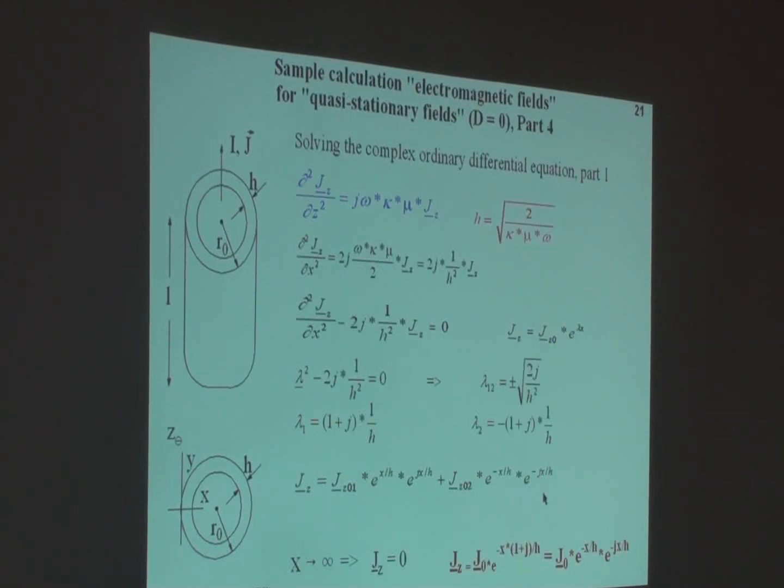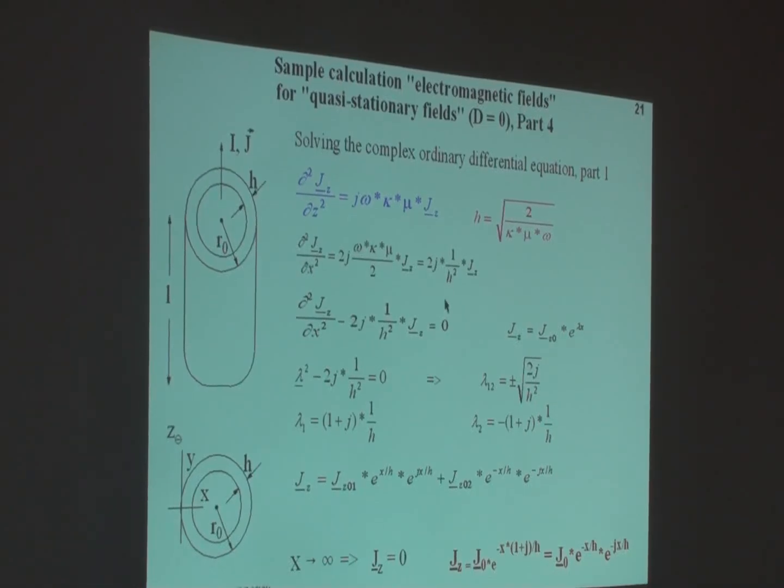So, how to solve this? We make a proposal and solve it, and we get a solution. This solution is important. It's a differential equation of second order, so it has two solutions, but only one solution is available.